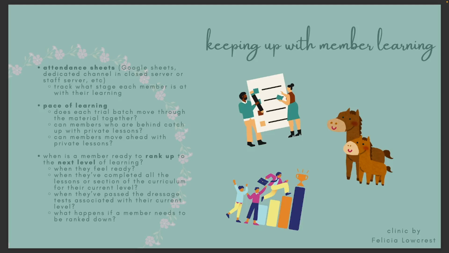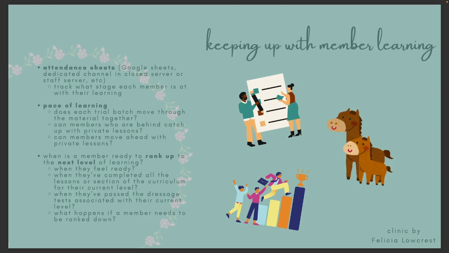For example, if they really struggled or had to leave halfway through, how would you say, hey, you took this lesson, that's great, but you need to spend more time with these moves or concepts before you would be eligible to rank up or to test. We've talked about tests already, but using tests is one way to gauge whether they are ready to rank up to the next level.